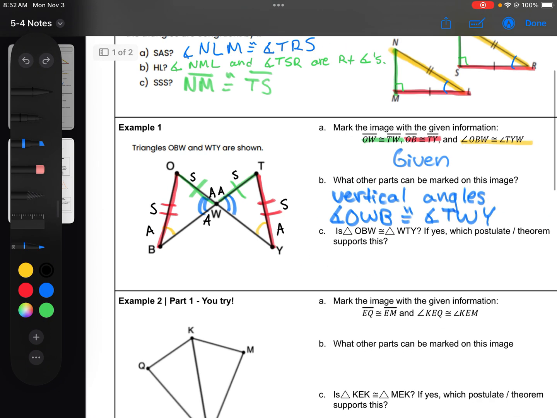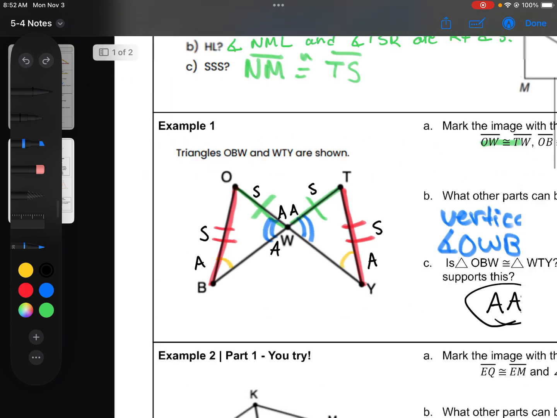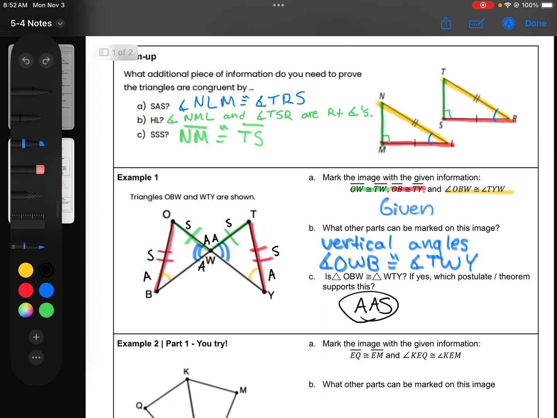So these two triangles would be congruent by angle, angle, side. Okay? So if you look here, we have a congruent angle. Then you have another congruent angle. And then if you keep moving, you have a congruent side. Angle, angle, side is a congruency method that works to prove triangles congruent.